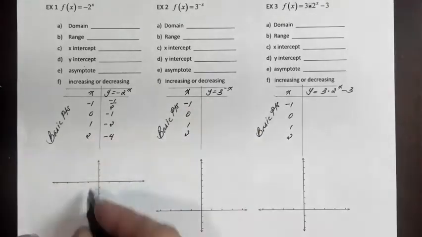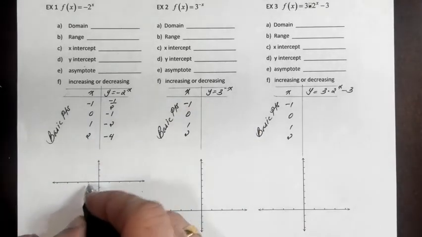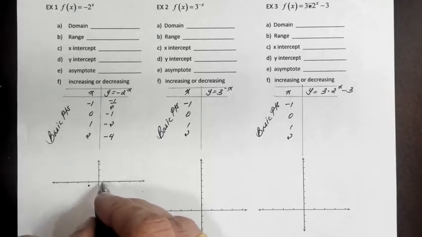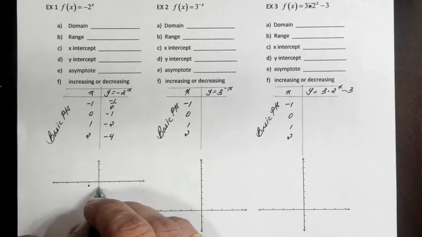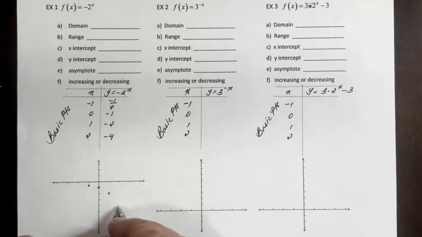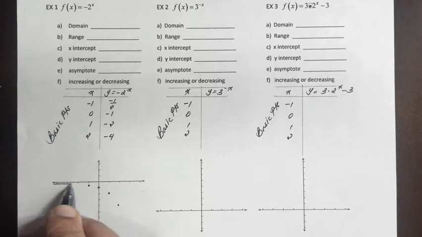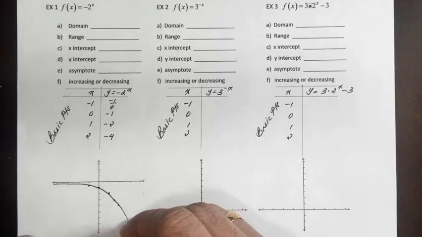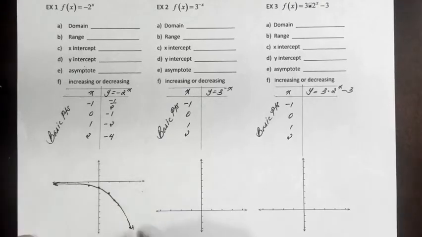And you can just graph those, and it is going to be -1 and -1/2 somewhere here, 0, -1, 1, -2, and 2, -4. And that is going to be our function right here. And definitely this is a decreasing function.